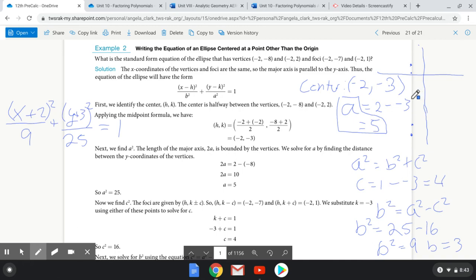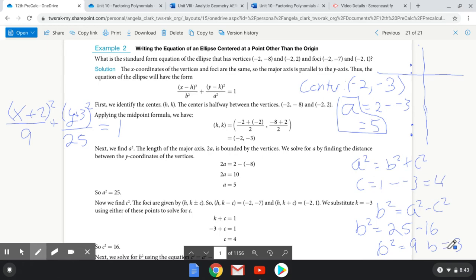The major axis, right, goes from vertex to vertex. A goes from center to vertex. So if I ever wanted to know the length of the major axis, that would be A times 2, right? Because it goes from center to vertex and then center to vertex. So the major axis in this case would be 10. And then the minor axis, same deal. The minor axis would be 6.